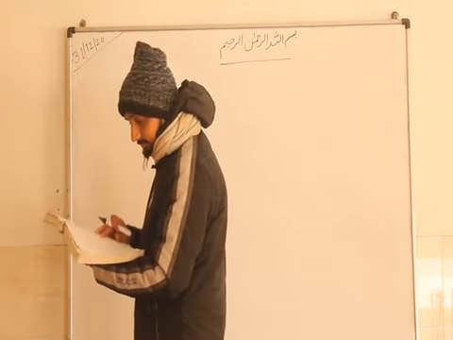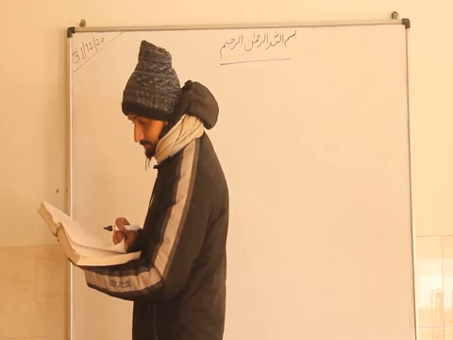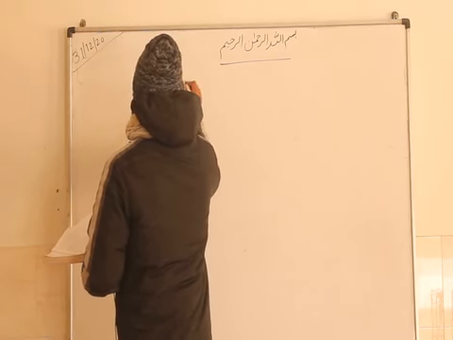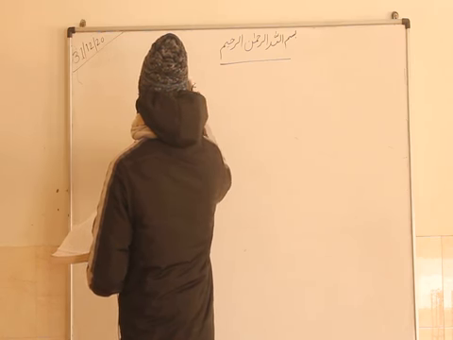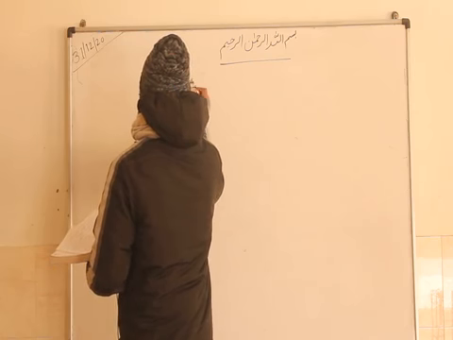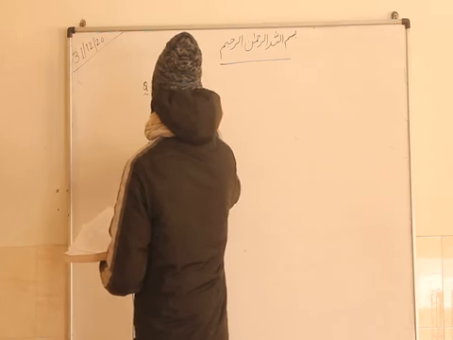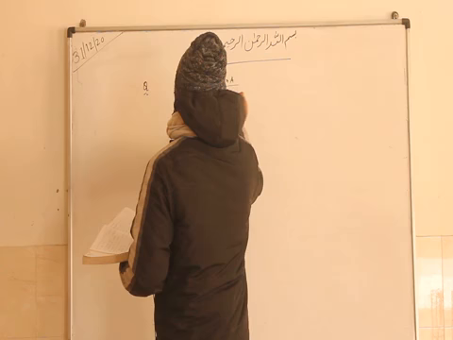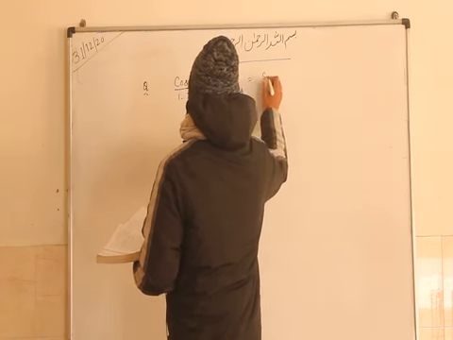Cos A upon 1 minus tan A plus sin A upon 1 minus cot A, and equal to sin A plus cos A.